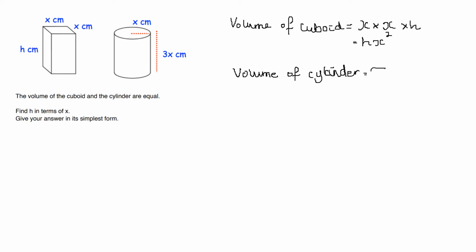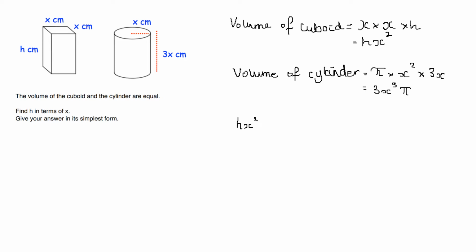So that's going to be pi times x squared times 3x. So that's going to be 3x cubed pi.